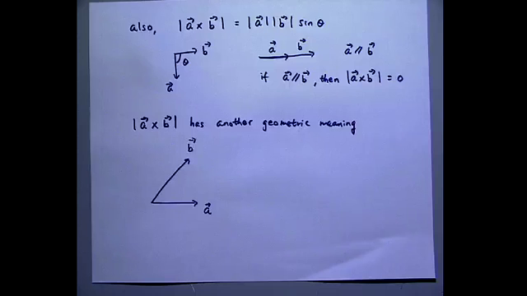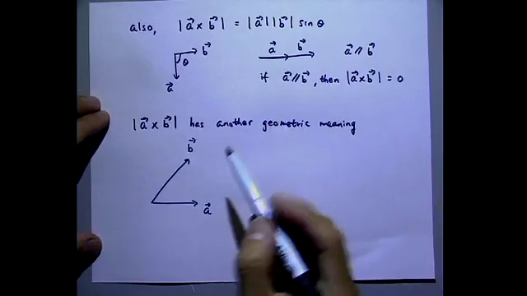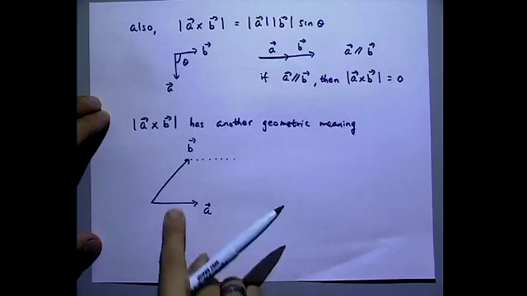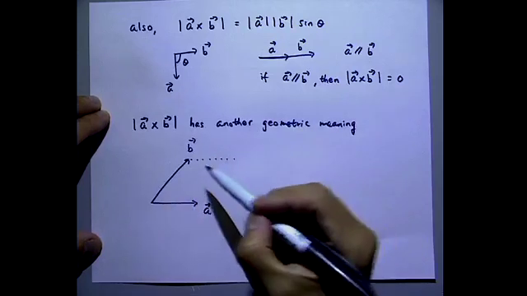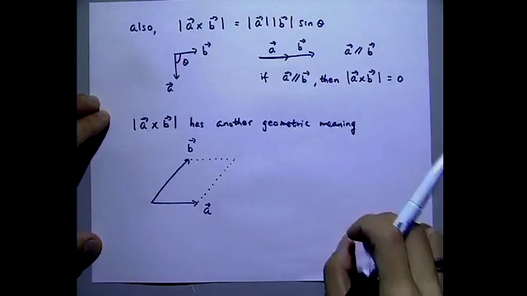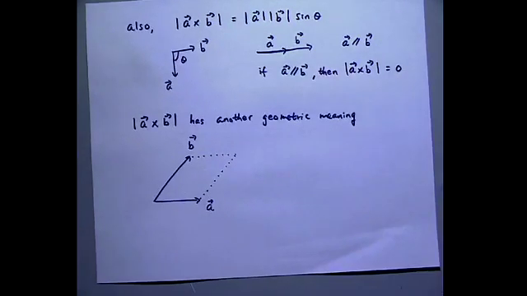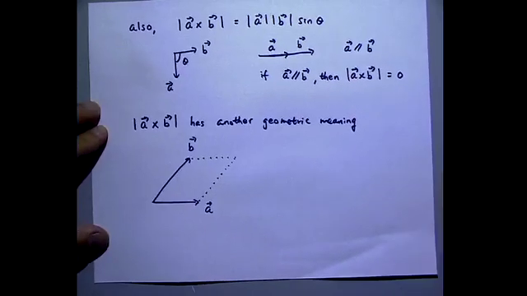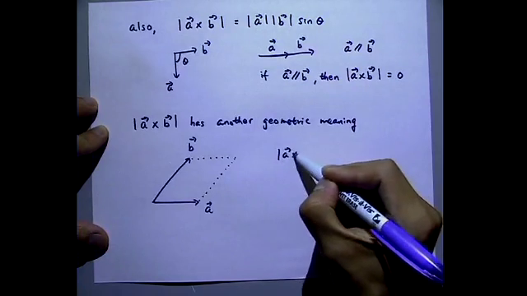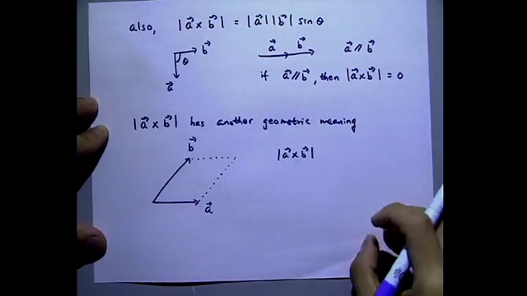So here I got two random vectors, A and B. What I'm going to do is to complete a parallelogram using sides parallel to A and B. And here's something quite interesting about the vector's magnitude.